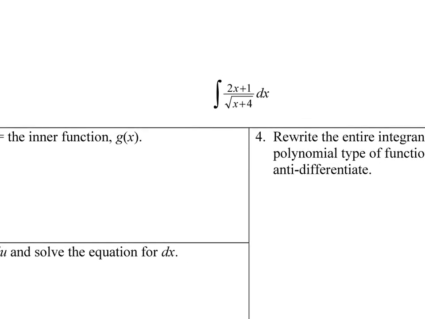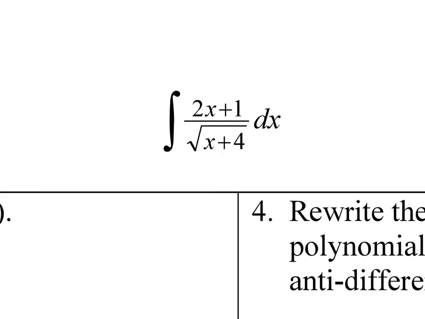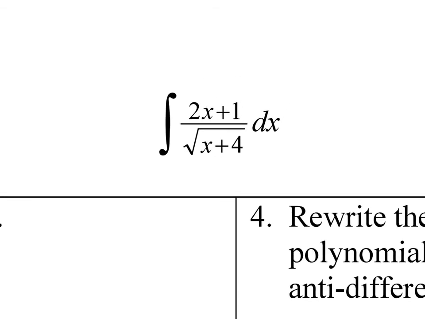Okay. I have a feeling it's another ugly problem. If I had to call it, I'd be wanting my u to be in the bottom. So I'd want u to be x plus 4. And du would have to be a dx. Well, guess what?